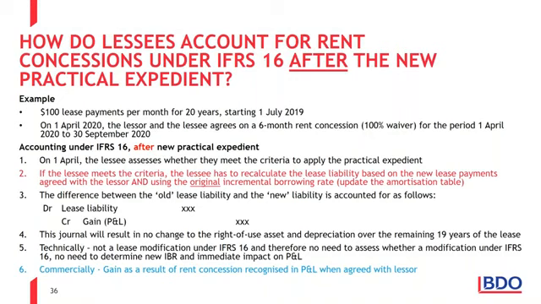However, you do have to redo your calculation of the lease liability. And again, you'll also obviously have to update the resulting amortization table. And the journal you process, again, is the difference between the old lease liability and the new lease liability. The difference will be debit lease liability.